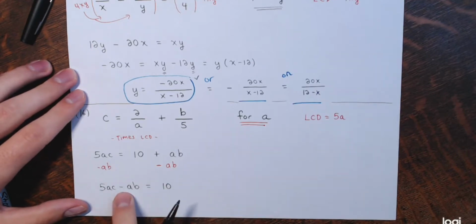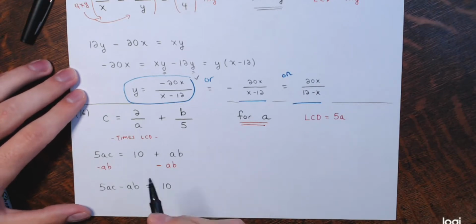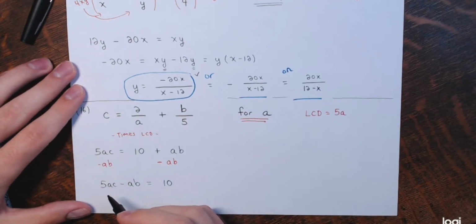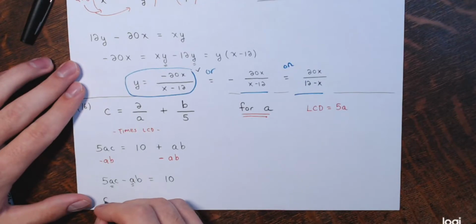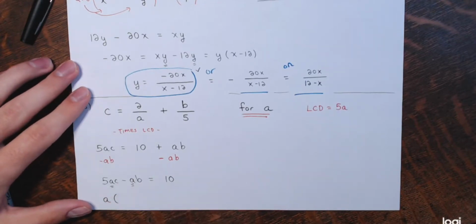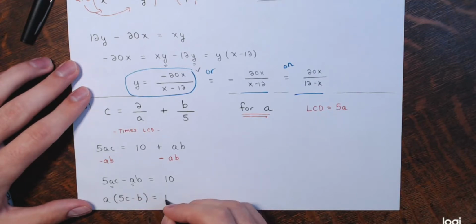So every term with A is on the left here, and every term without A as a factor is on the right. And as you've seen me do in previous examples in this video, all these terms on the left have A as a common factor, so I will factor that out. Once A is factored out, the other factor would be 5C minus B. And then we have equals 10.